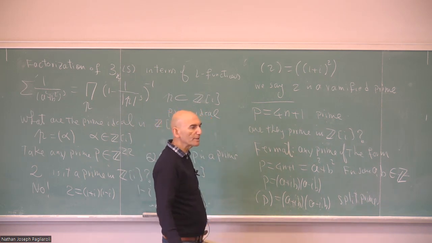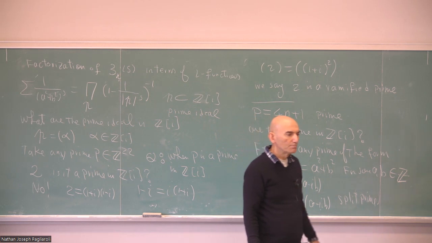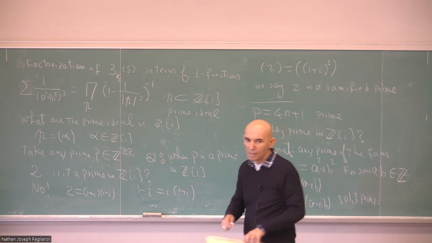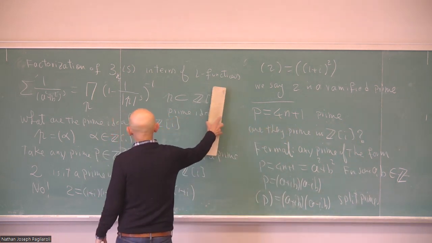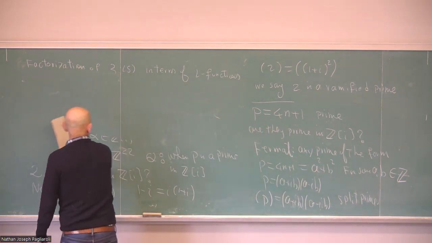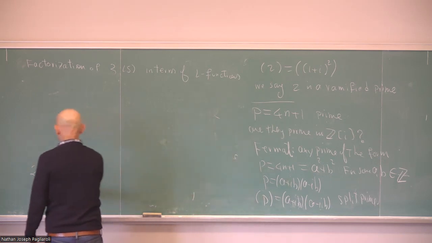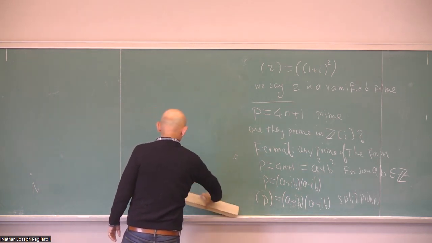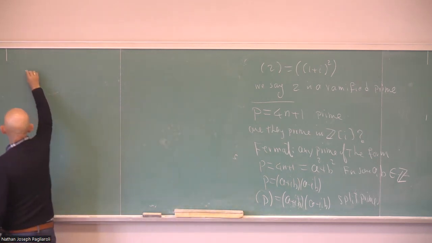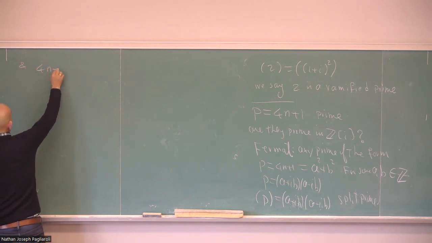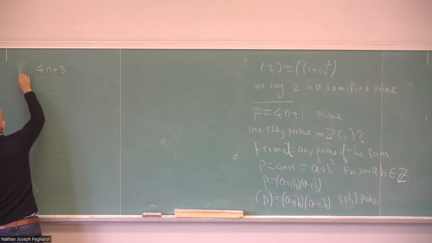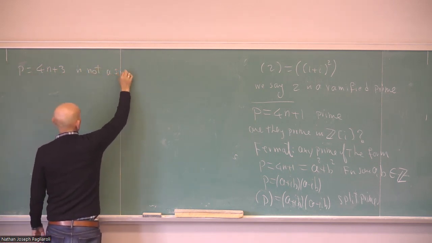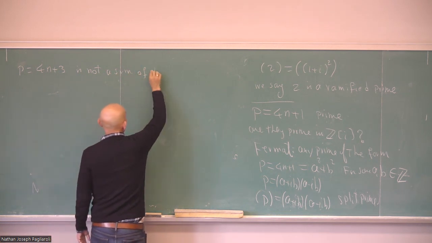And of course, 4n plus 3 is not a sum of two squares. Why?